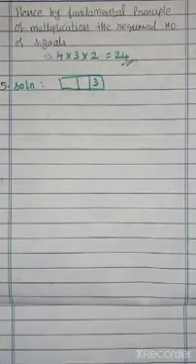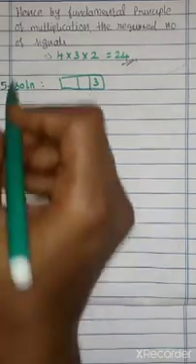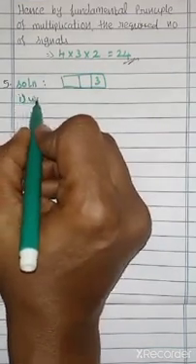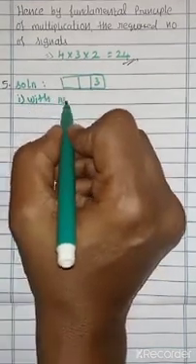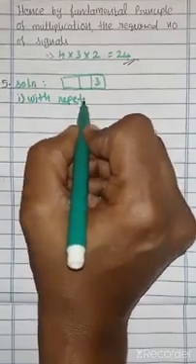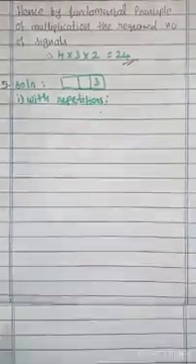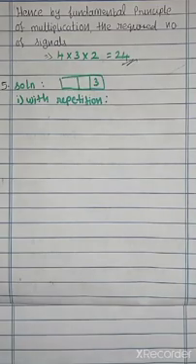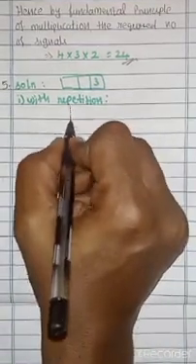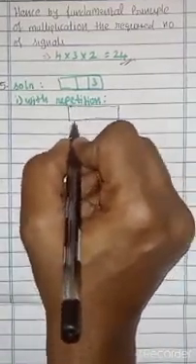Okay, now what is the question? With repetition, without repetition. So two subdivisions are there. First one is with repetition and without repetition. Okay, with repetition, again we can take a box.